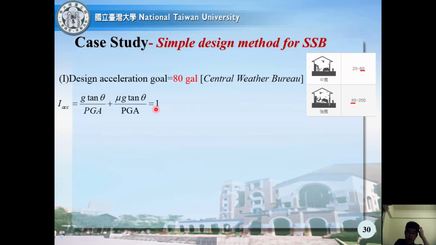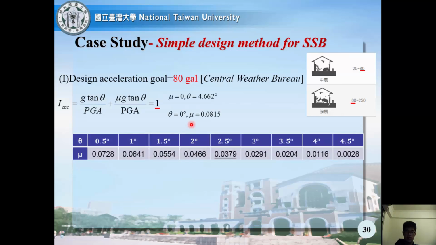And then, by the IACC index, we know that if the IACC index is equal to 1, it indicates whether our system works or not. So by our design goal and IACC equal to 1, we can get this table, in which each set of parameters will satisfy our design goal.